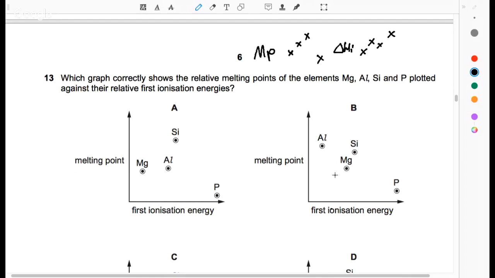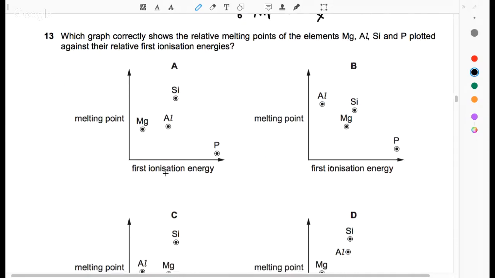There's no melting point in your data book. But I know the relative trend, like it increases from magnesium to silicon, then decreases. So magnesium is the lowest, this is the highest, and then this increases from here to here.